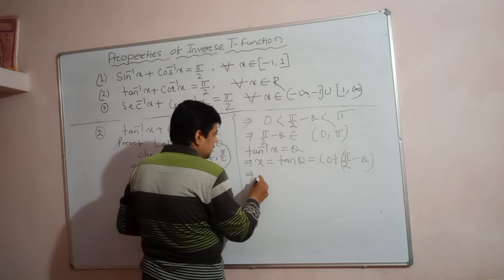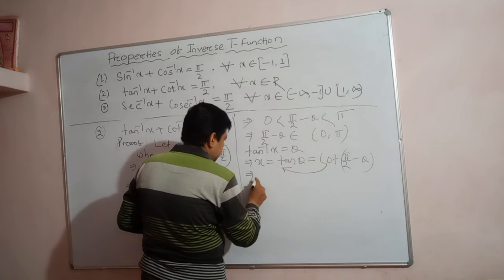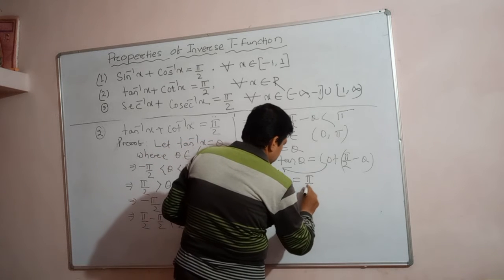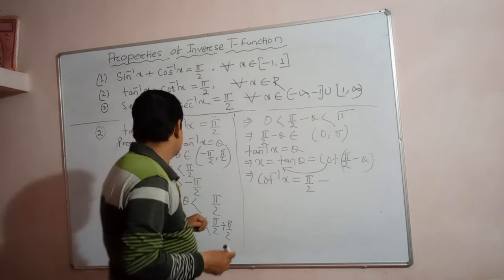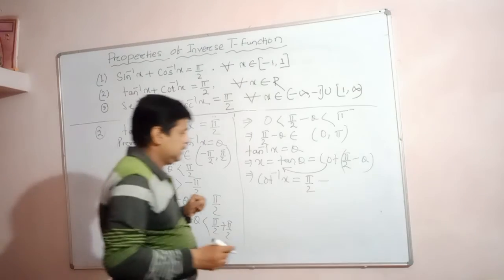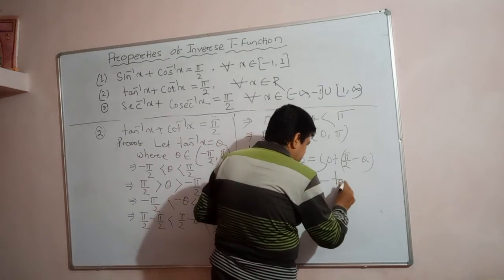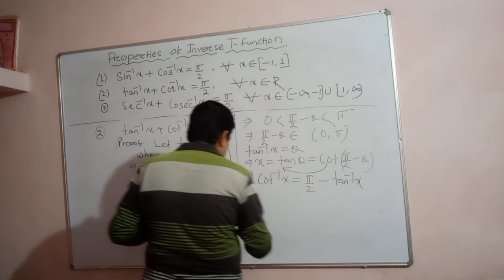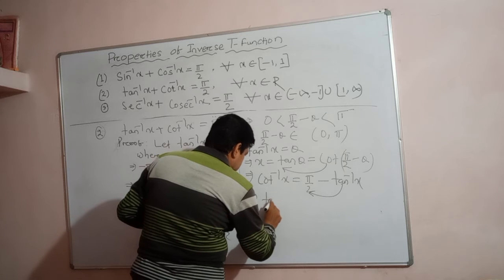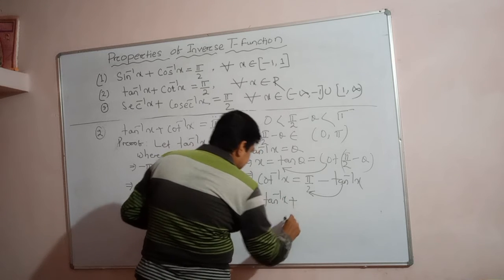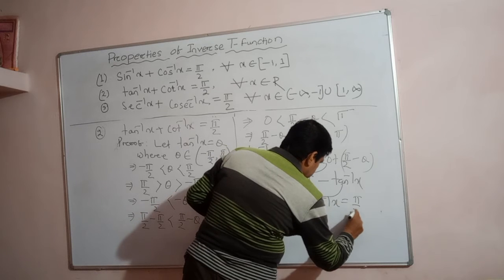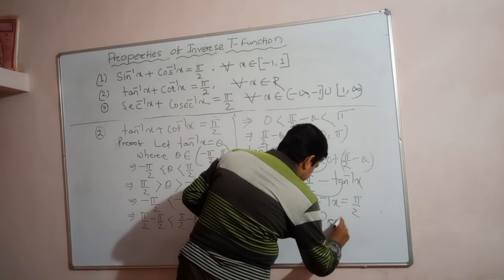So cot inverse of x is equal to pi by 2 minus theta. Students, let us listen: we have taken theta, and in place of theta I can write tan inverse of x. Now you see, transposing this minus tan inverse of x, it will be plus. Tan inverse of x plus cot inverse of x is equal to pi by 2. So the second point is proved.